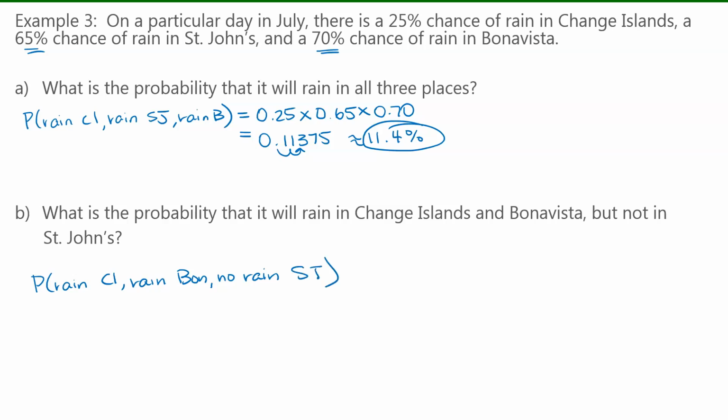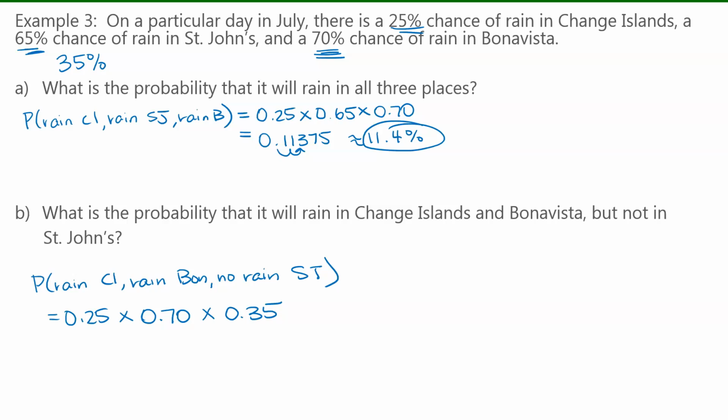Using the probabilities above, for rain in Change Islands there was a 25% chance, so 0.25, times rain in Bonavista, there was a 70% chance, so that's 0.70, and it was calling for a 65% chance of rain in St. John's, so that means if there's a 65% chance of rain, then there's a 35% chance that it won't rain. So I'm going to say times 0.35. So we multiply those 3 probabilities together.